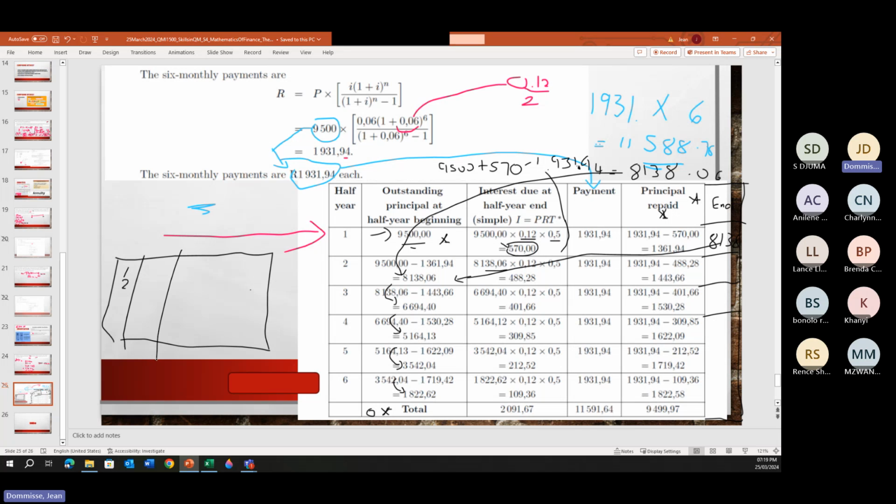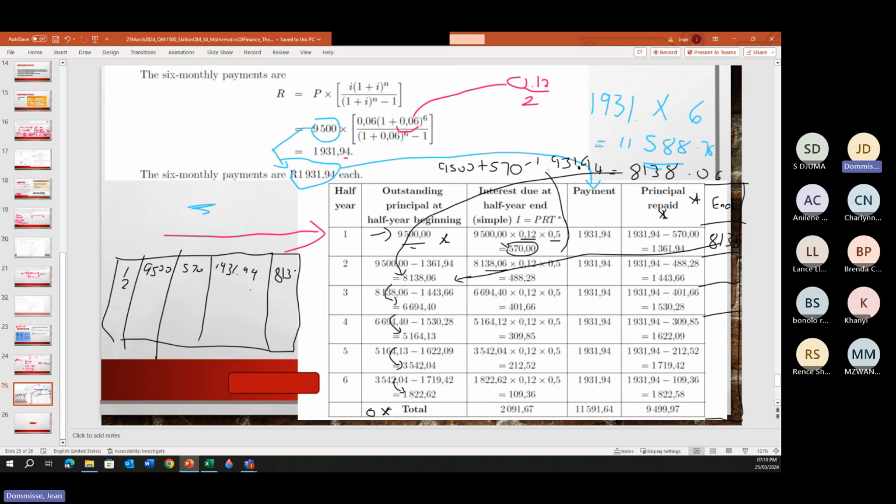So then the amount that you started off with, then your interest, so the 570, your payment of the 1931.94, and then normally your last column or your fifth column will be the end value.